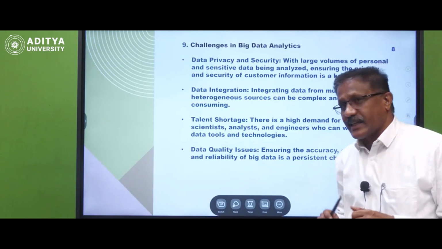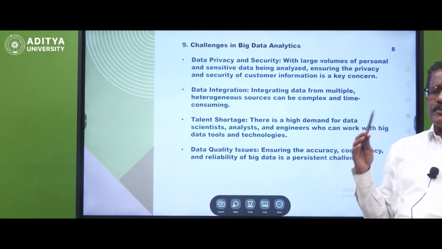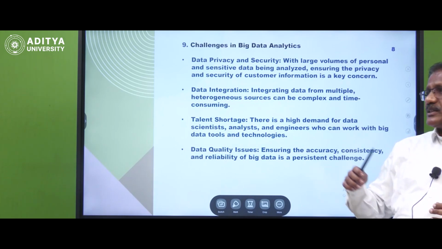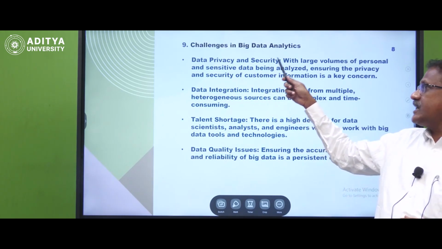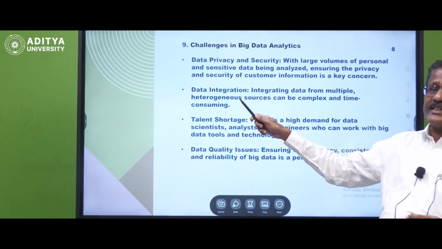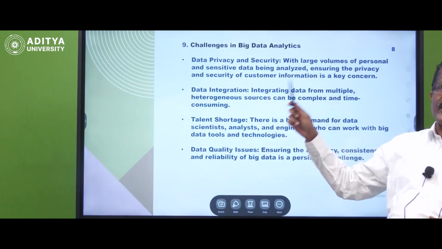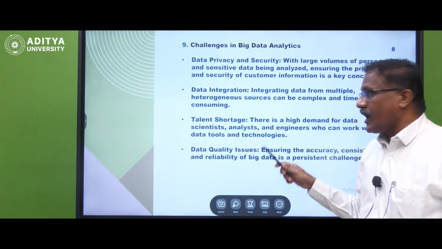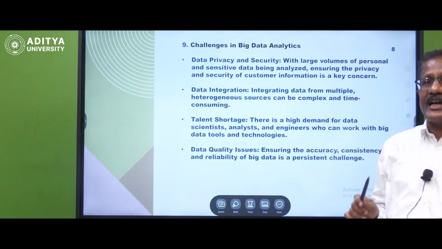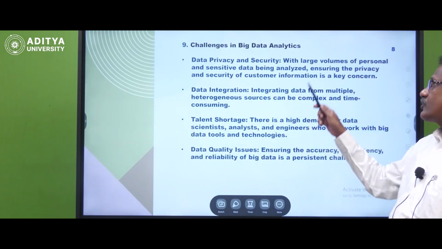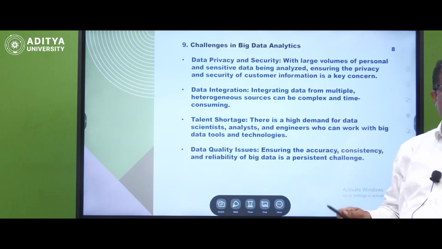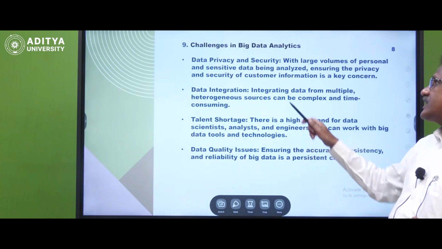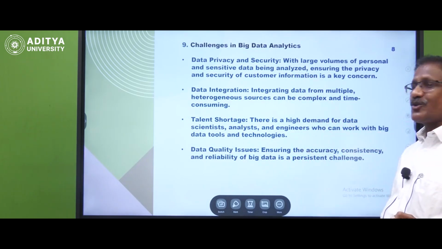That means a talent shortage, because a huge number of people are required to face the challenges, whatever the challenge is, maybe data privacy, security, integration, or database engineer, programmer, security analyst. So many roles we have, but if you really look at the talent shortage, finding the right person to handle big data analytics is one of the challenges. The last one is quality.